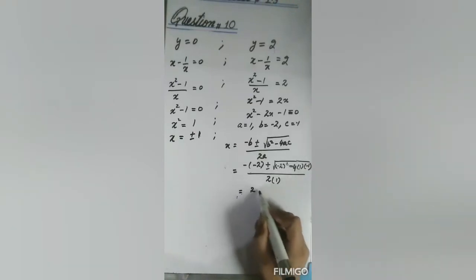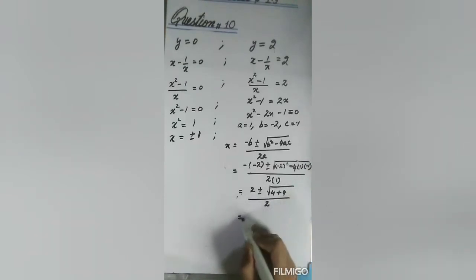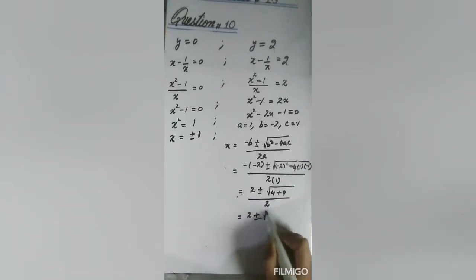Now 2 plus minus under root 4 plus 4 over 2, that will be equal to 2 plus minus under root 8 over 2, and the simplification for 8 will be 2 under root 2 over 2. Now take 2 common.